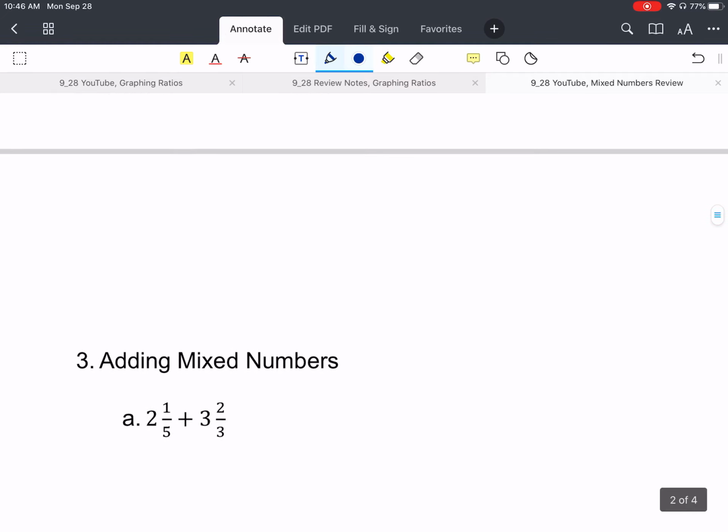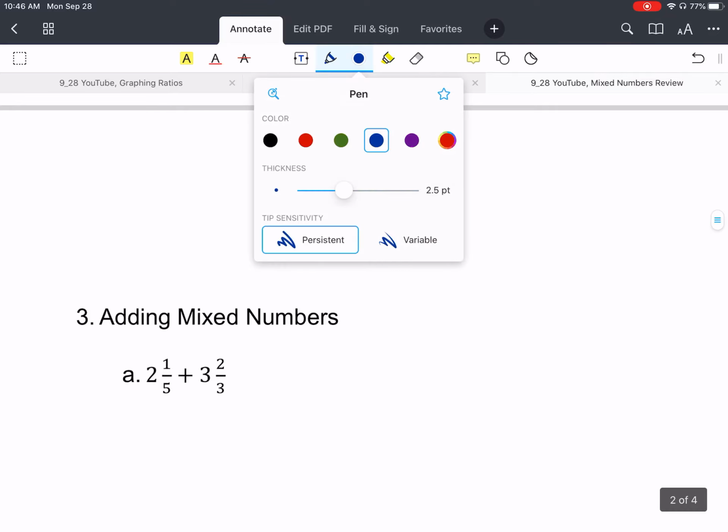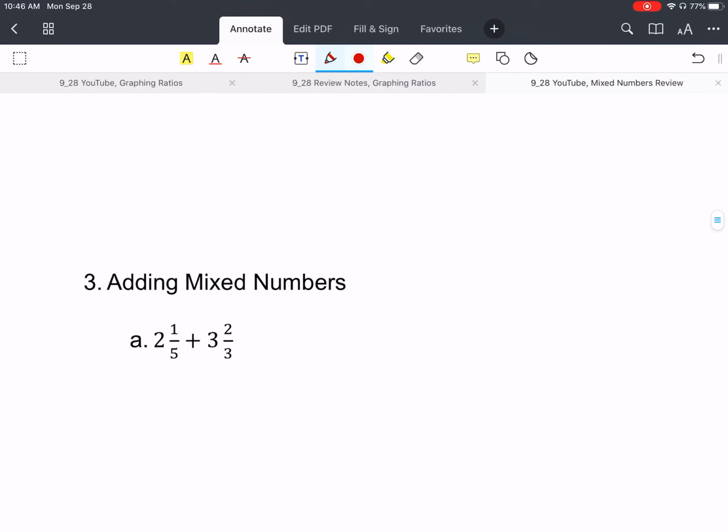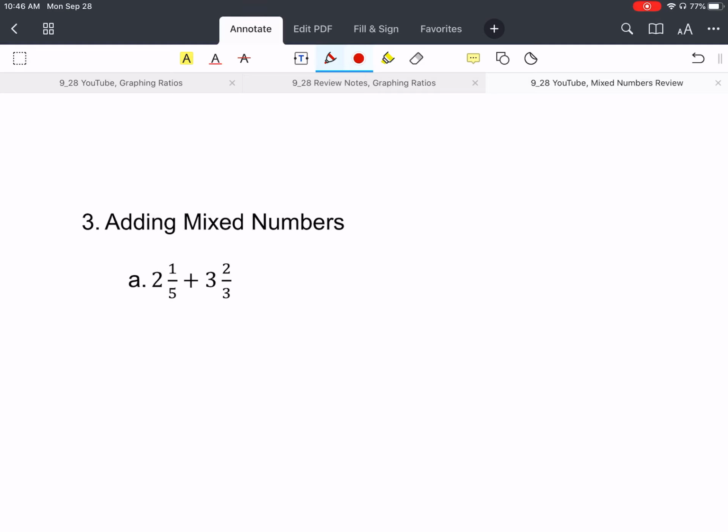All right, adding mixed numbers. When we add mixed numbers, the first step is always going to be to find a common denominator. I like to stack my mixed numbers when I am adding them, but you certainly don't have to.